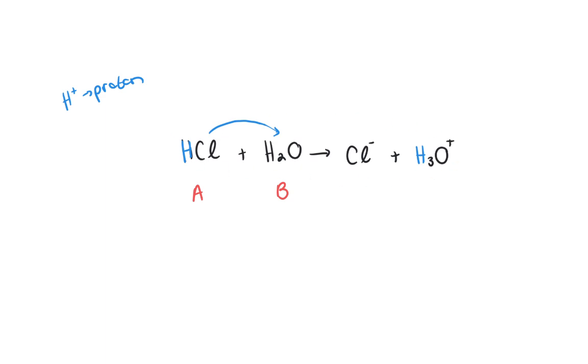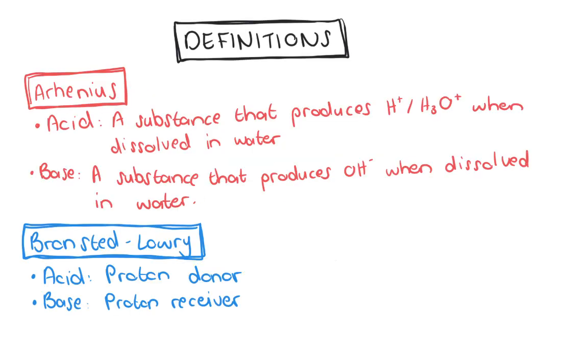So let's go look at the different definitions we have. Okay, so let's first start with our definitions. We have two definitions that we need to know, the Arrhenius definition and the Brønsted-Lowry definition. According to Arrhenius, an acid is a substance that produces either hydrogen ions or hydronium ions when dissolved in water, where your base is a substance that produces hydroxide ions when dissolved in water.